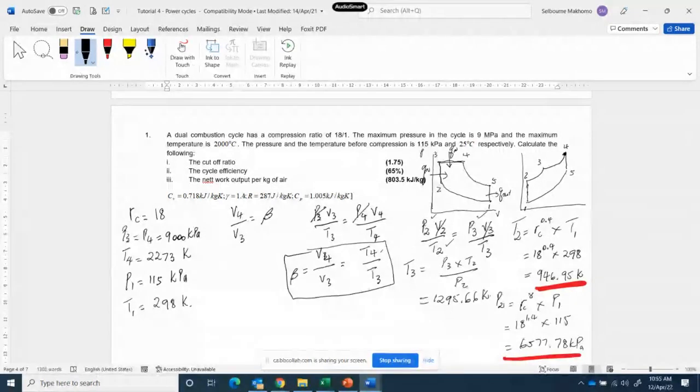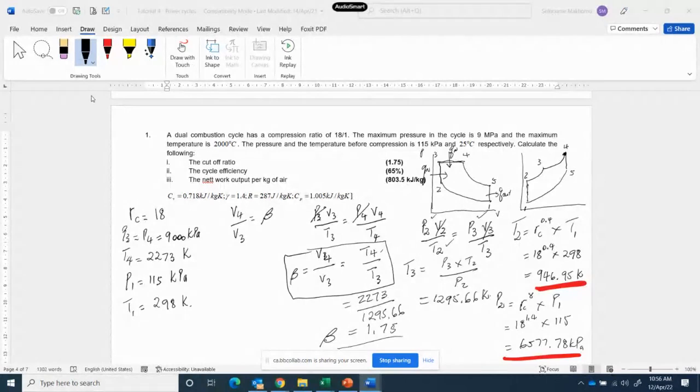And then we go back to our original formula where T4 is 2273 divided by 1295.66, and our cutoff ratio becomes 1.75. That is our cutoff ratio.